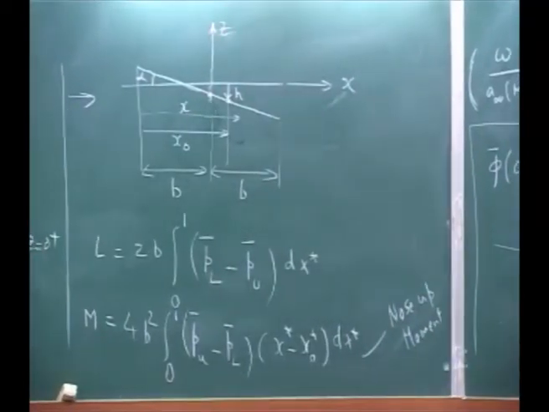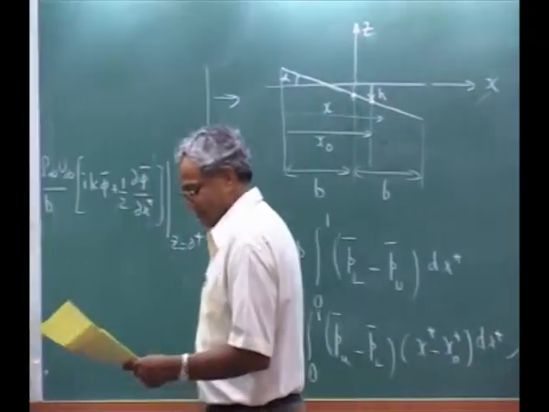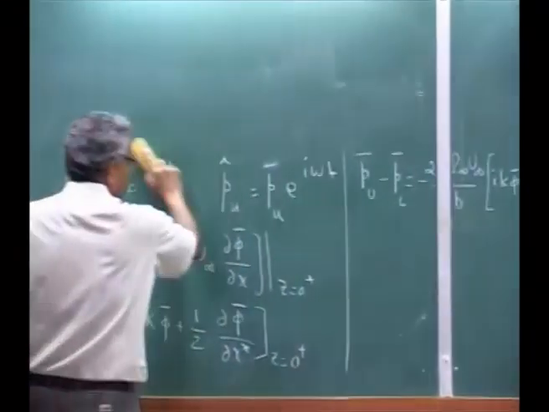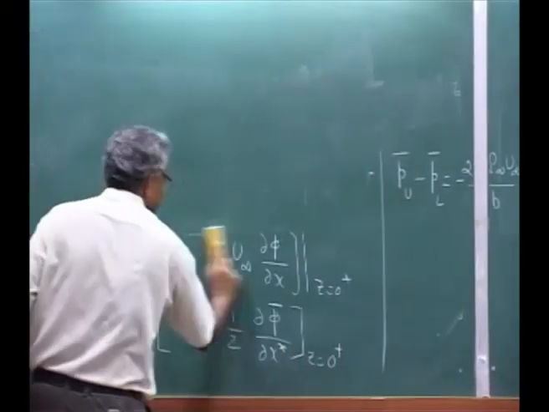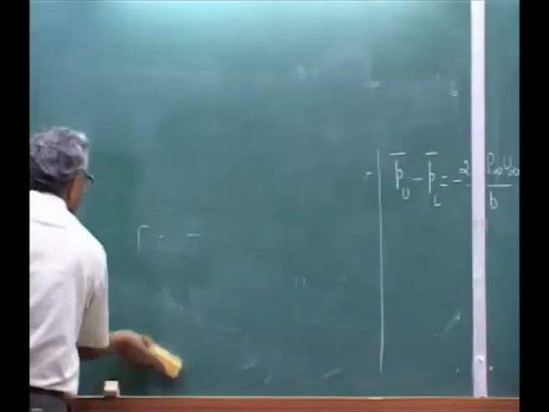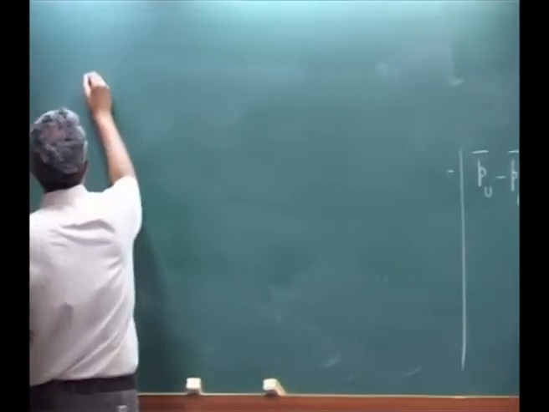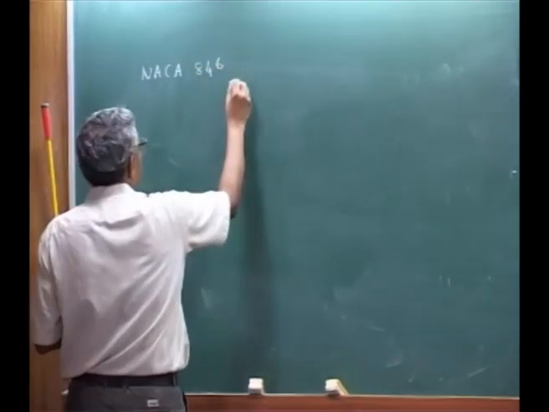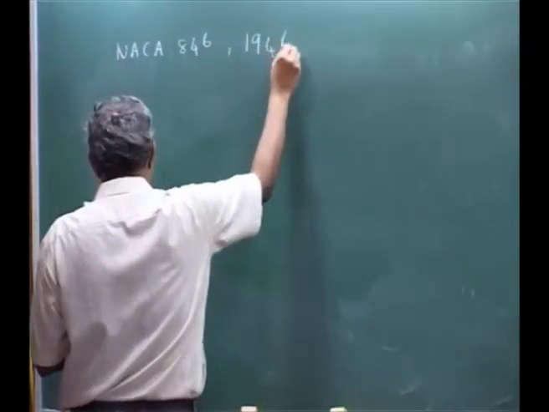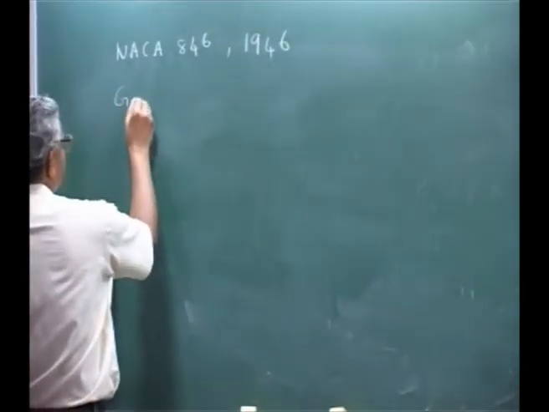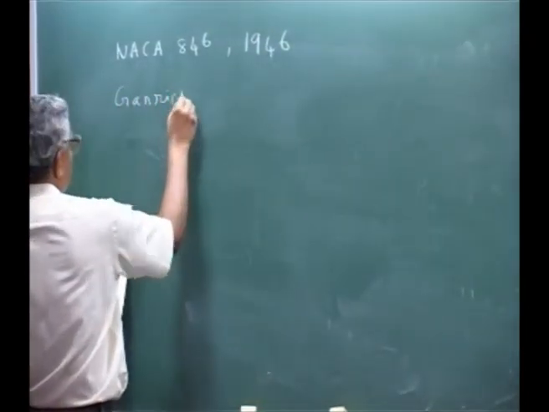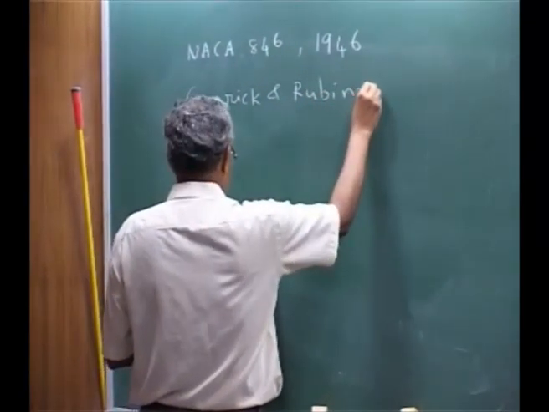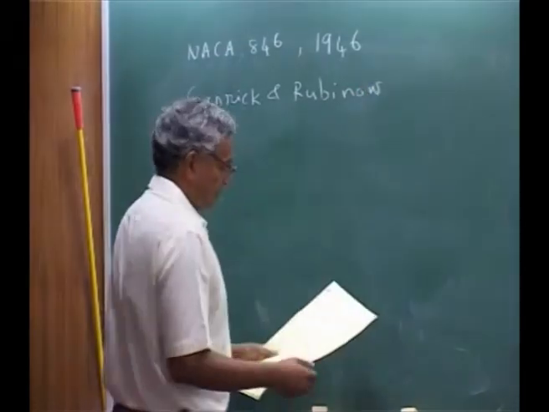Now, for the sake of this, I will write that this is NACA 846. This is in 1946, please understand. Garrick and Rubinow.